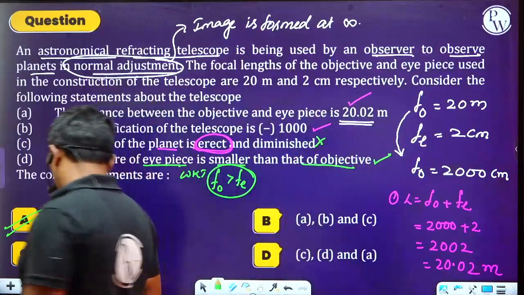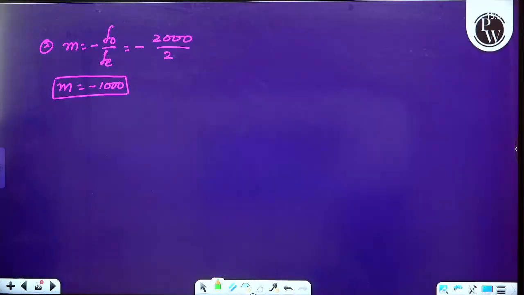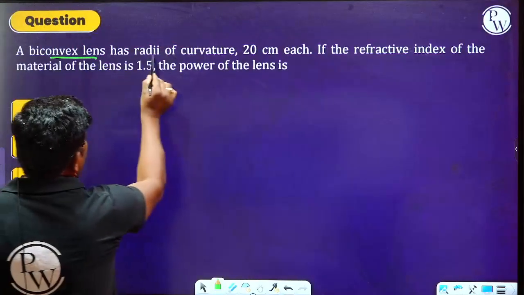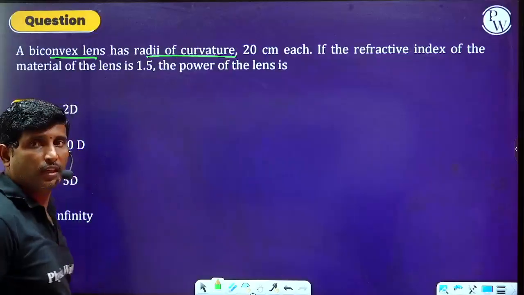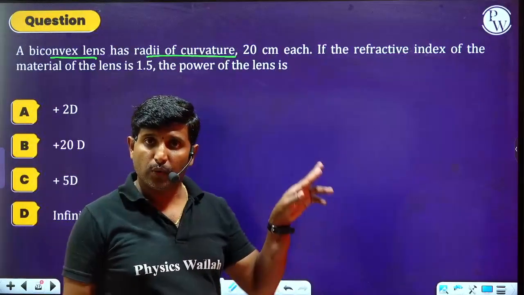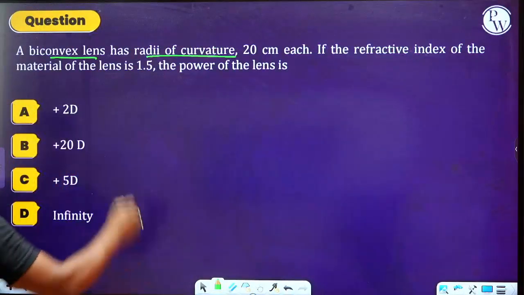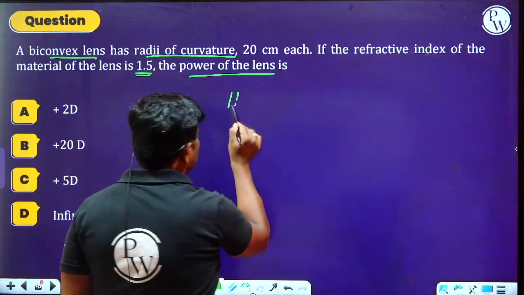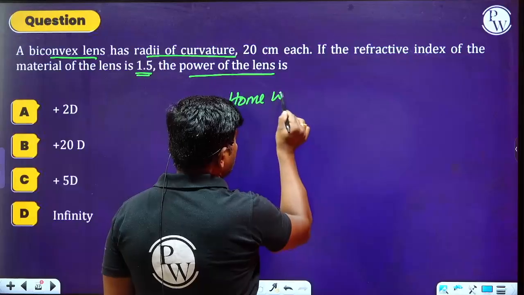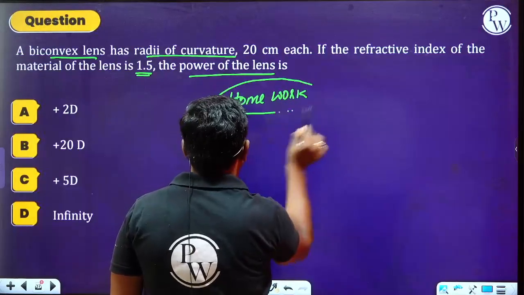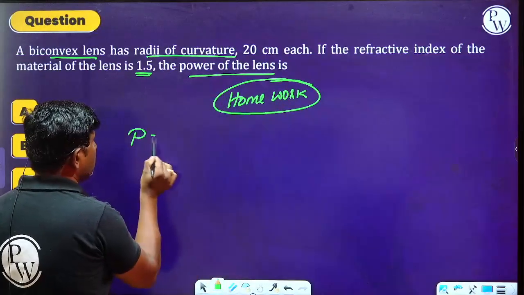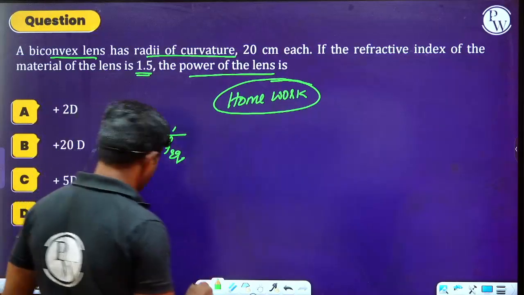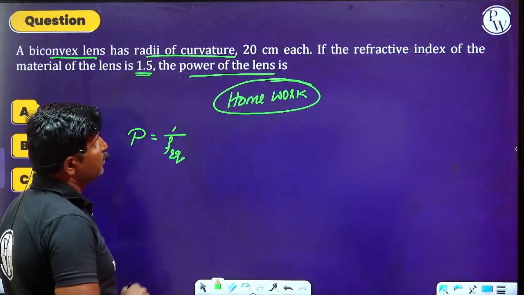Now similarly, move on to the next one. What are they saying to us? Please read this question. A biconvex lens has radii of curvature 20 centimeter each. If the refractive index of the material of the lens is 1.5, then the power of the lens is. Please take this problem as homework. They are asking what is the power. Power is nothing but 1 by f equivalent. Please calculate this properly.